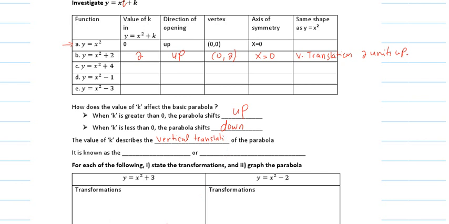It's known as the optimal value, or the y value of the vertex.